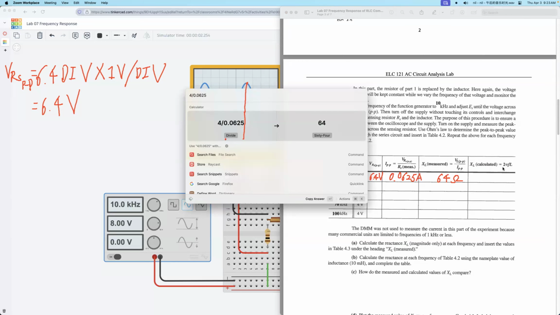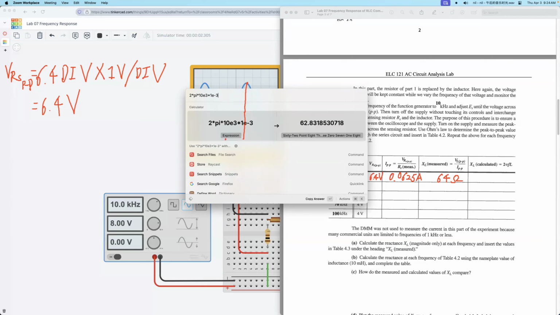So XL equals 2 pi F L. Okay. So then we can use the calculator again. 2 times pi times frequency, which is 10 kilohertz, then times the inductance, which is 1 millihenry.